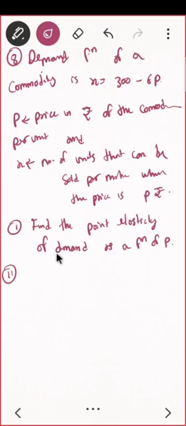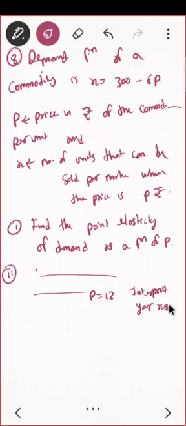Second, find the point elasticity of demand when p equal to 12 and interpret your result. Third is the same question when p equal to 35, same, interpret your result.